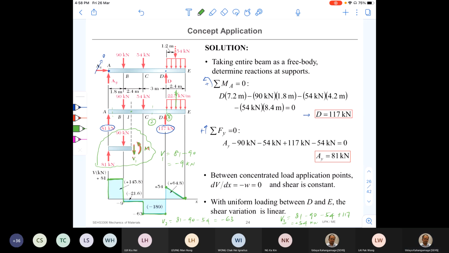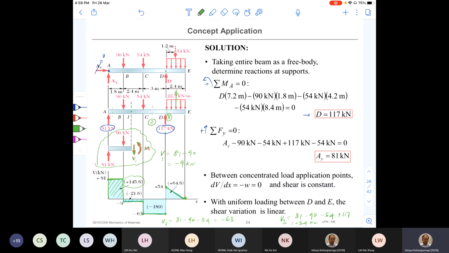Now, next we can construct our bending moment diagram by using the shear force diagram without writing any equations. If you know the area under the shear force diagram at different portions, then we can construct our bending moment diagram. So for that, I need to calculate the area under this portion and up to this point. I calculated the area here, 81 into 1.8 meters, then it becomes 145.8.